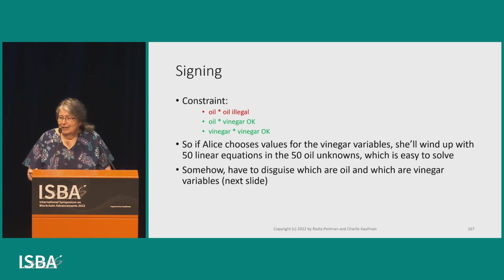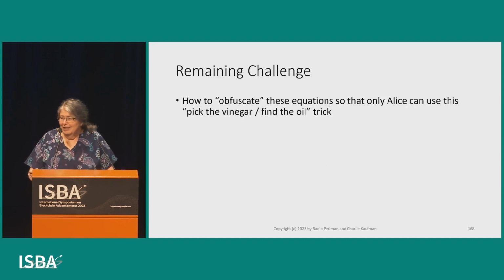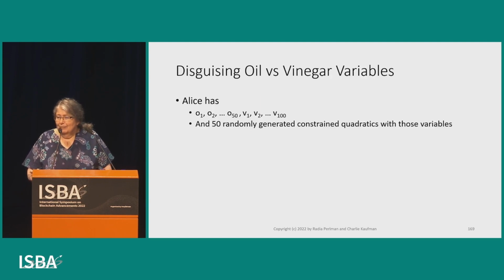So now what she needs to do is disguise which of these are oil and which are vinegar. And the way that she does that is she has 50 oil variables, 100 vinegar variables, and 50 randomly generated constrained quadratics.